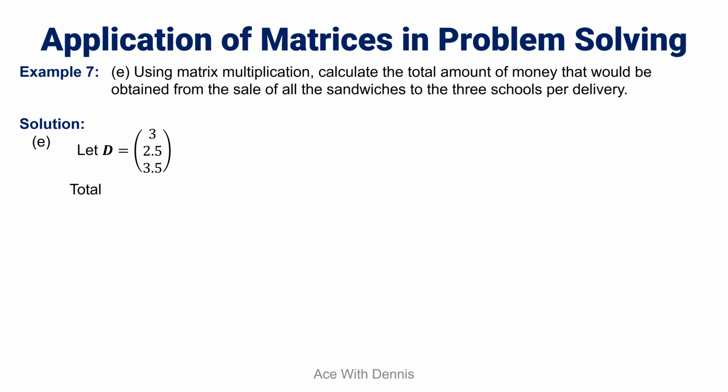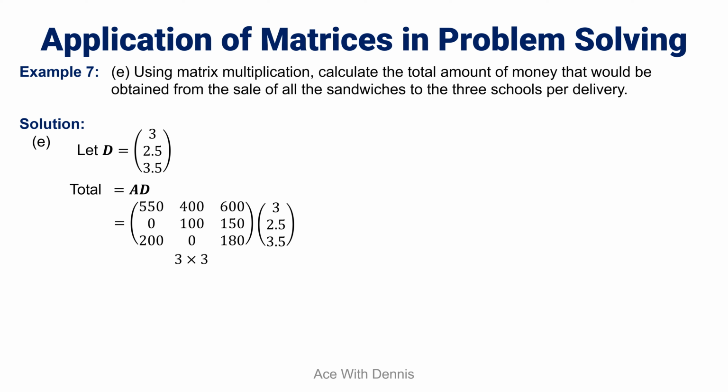Hence the total will be A times D. This is matrix A, the number of sandwiches delivered per delivery, multiplied with the price of each sandwich. The order of the first matrix is 3 times 3, and the order of the second matrix is 3 times 1. These two numbers are the same, 3 and 3, so we can multiply these two matrices together.